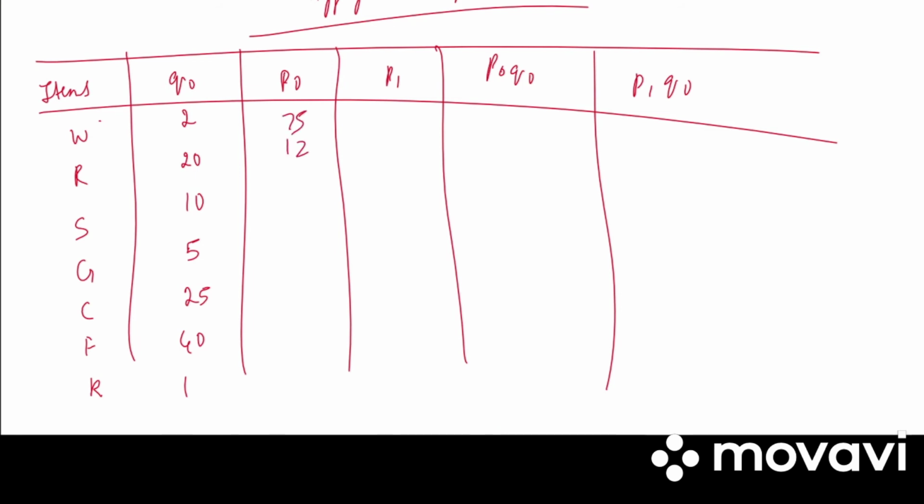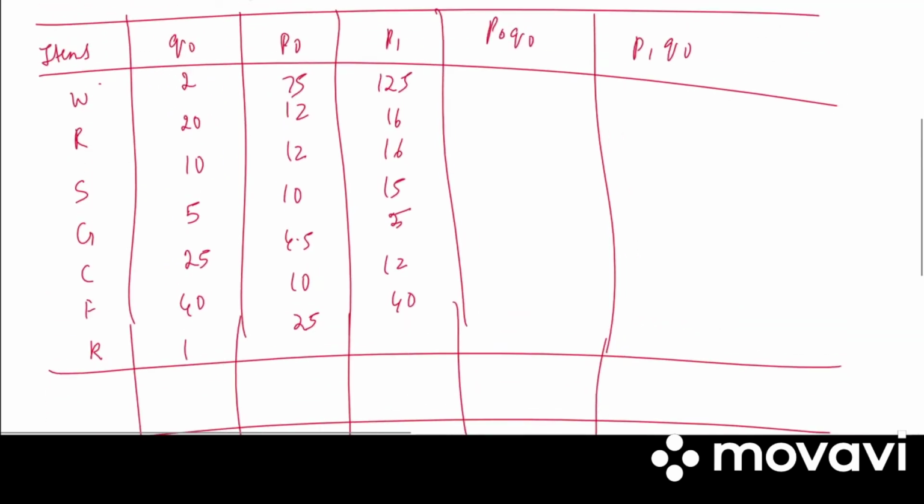P0 is 75, 12, 12, 10, 4.5, 10, 25. P1 is 125, 16, 16, 15, 5, 12, 40. Next P0 into Q0: 2 into 75, 150, 20 into 12, 240, 120, 50, 112.5, 425.